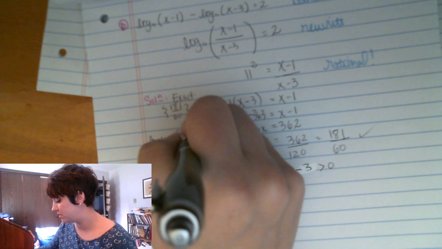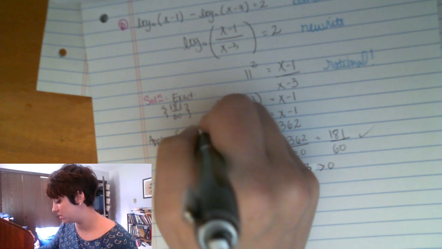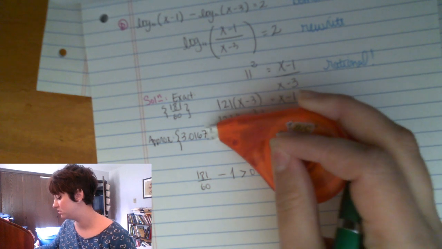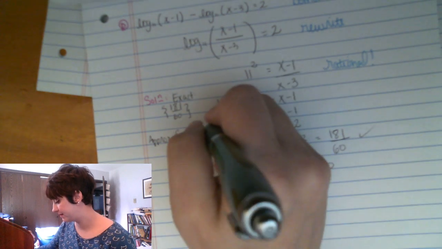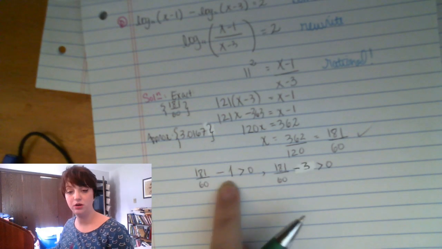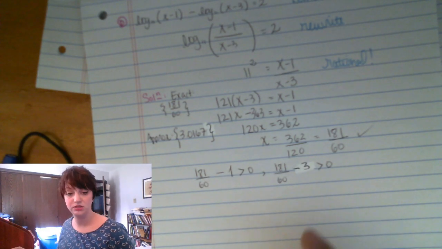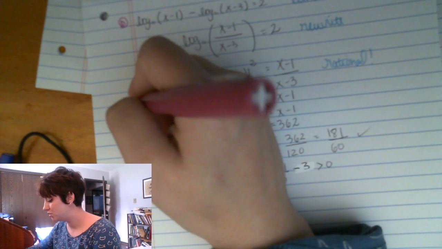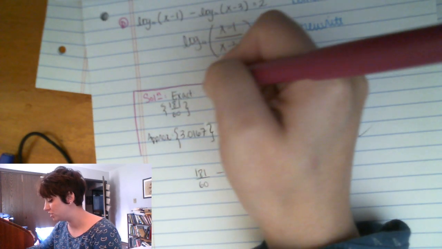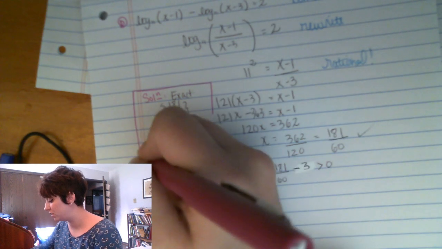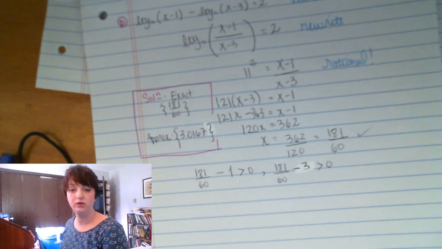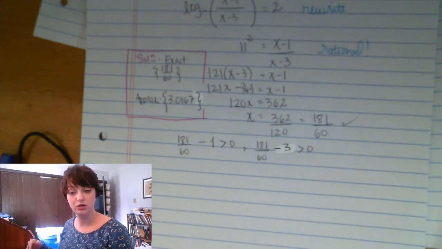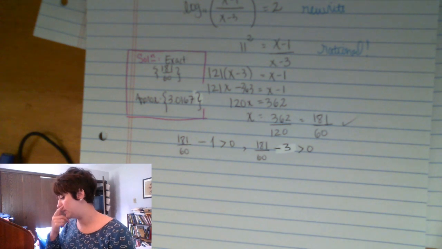So when I approximate, I get 3.0167. The exact number that these are doesn't matter. All that matters is if they're positive or not. All right, so this would be your final answer. So with the ones that are subtraction, you're going to usually, but not always, end up with something rational, a rational equation, which means you multiply by denominator and solve what remains.